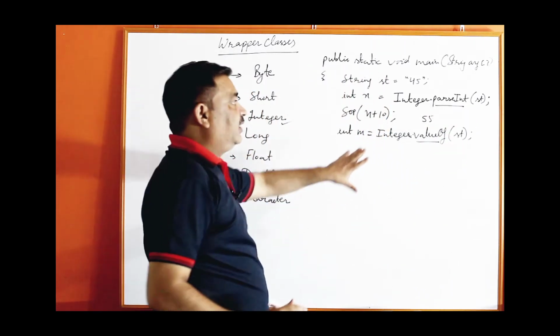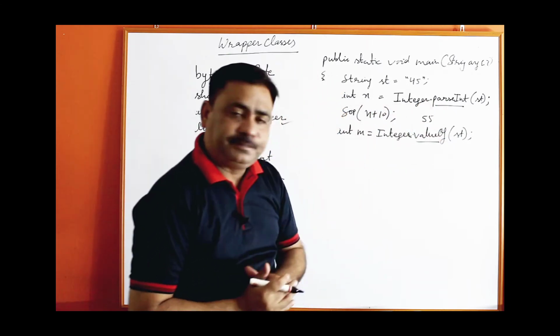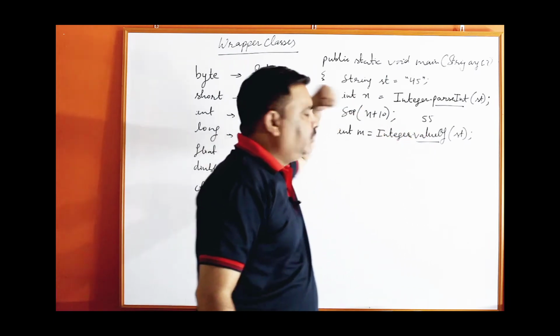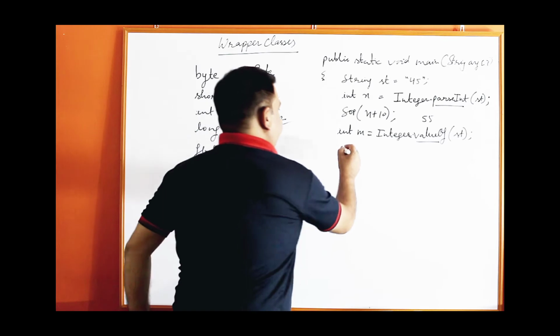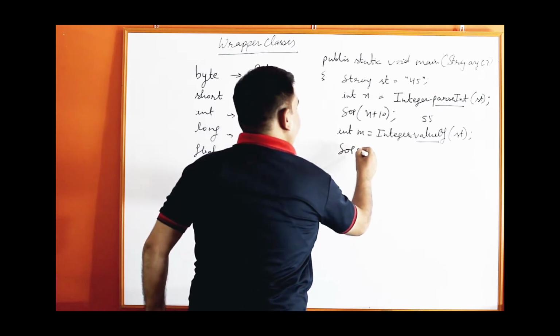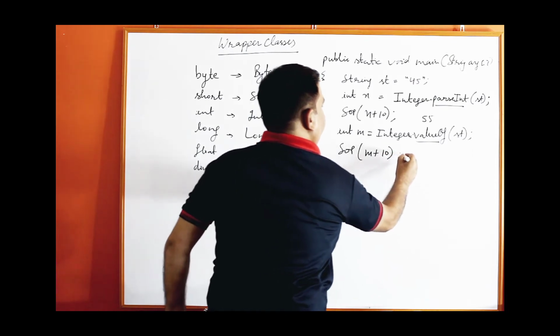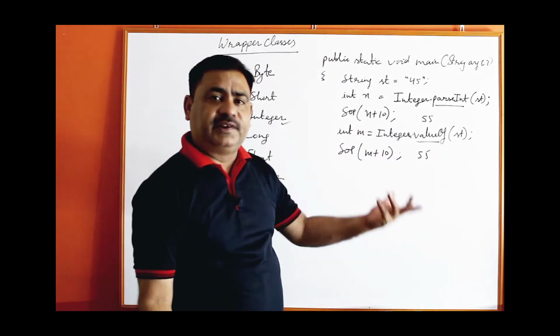Both are static. That's why I have used class name dot function name, class name dot function name. So the valueOf function will also do almost the same thing. When you print and check, suppose you want to print and check the value like this, the same value you will get, the same result. Then what is the difference?